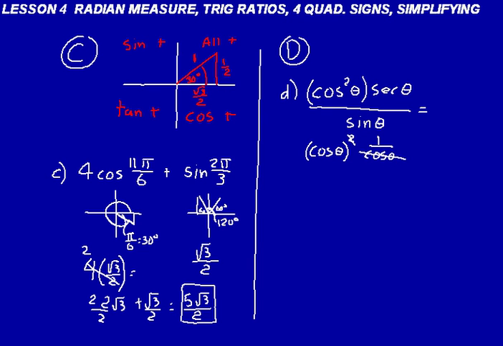So the numerator is now just cosine of theta over the denominator of sine theta. Well, sine over cosine is tangent. Cosine over sine is the reciprocal of that, which would just be cotangent theta. So we simplify that to just one trig function, cotangent theta.